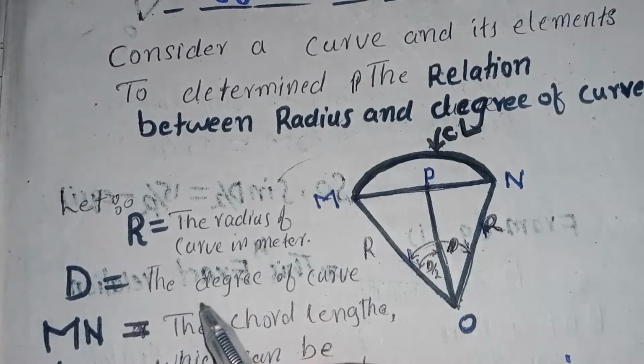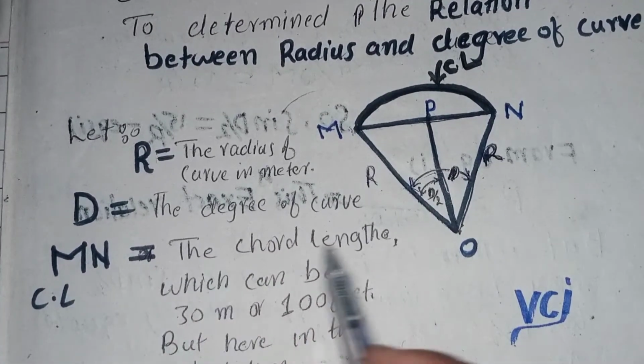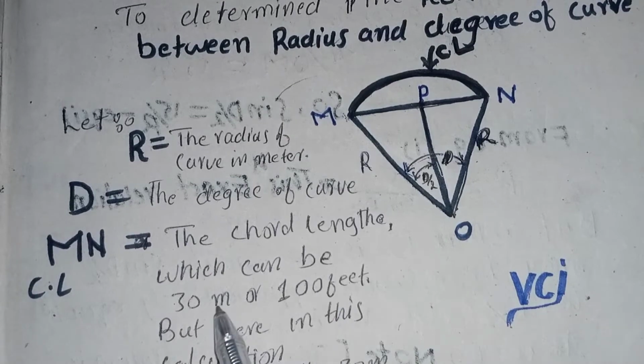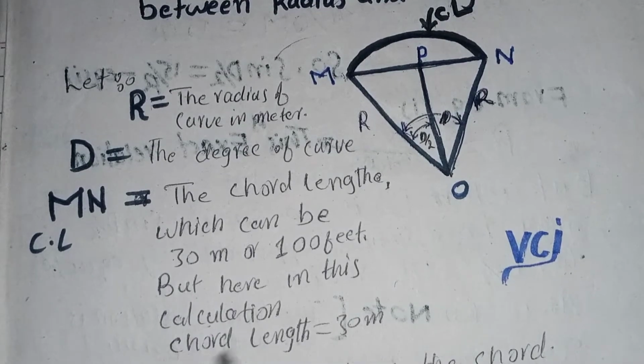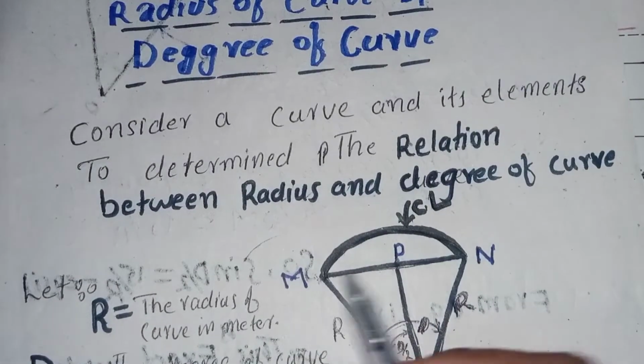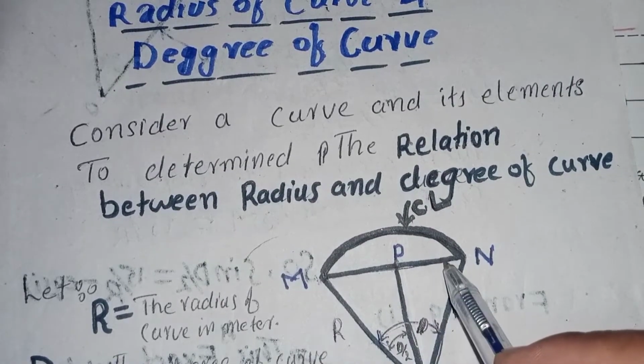As we know, D is equal to the degree of curve, and MN is equal to the chord length, which can be 30 meters or 100 feet, but in this calculation chord length is equal to 30 meters. MN is the chord length, from this point to this point.